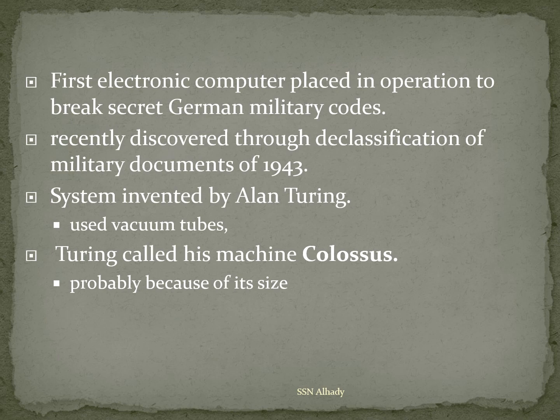The first electronic computer placed in operation was to break secret German military codes. Most of the processors were actually motivated by military application. Because during that time, and even now, most governments give a lot of grants for the purpose of military application. They were recently discovered through the declassification of military documents of 1943.